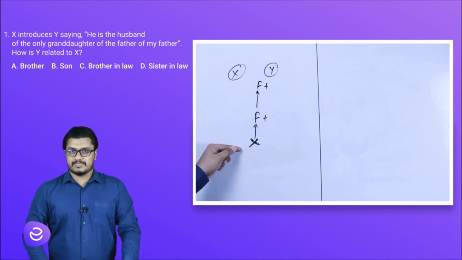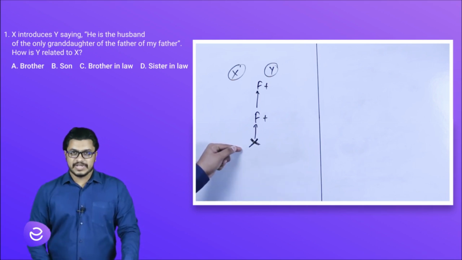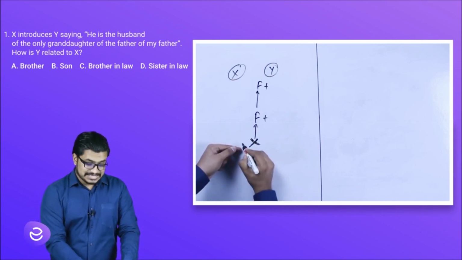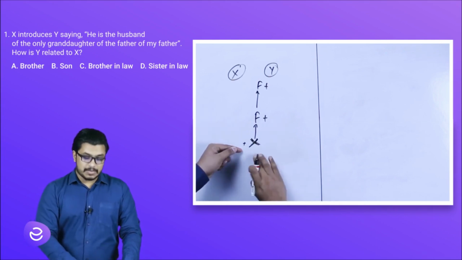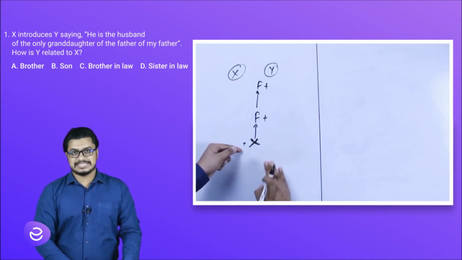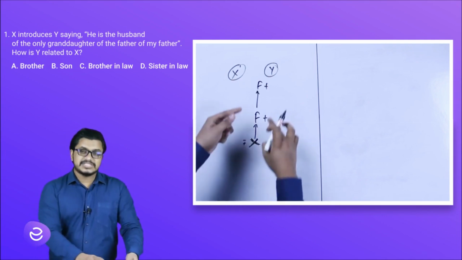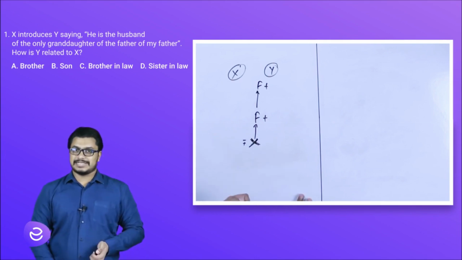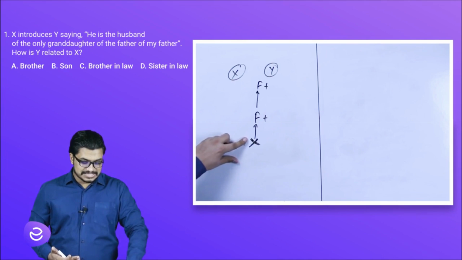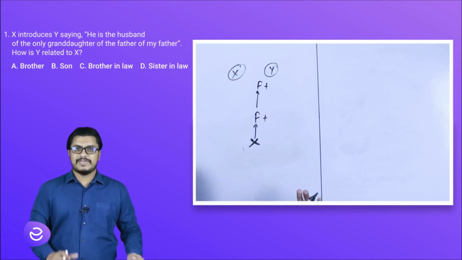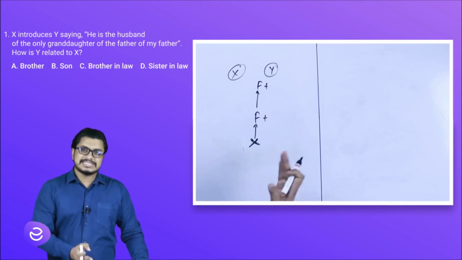Now here arises the problem. We don't know the gender of x. If x is a male, granddaughter means someone else, that means x's sister. If we assume that x is a female, the only granddaughter means it is x itself. So right now we don't know if x is a male or a female, so we have to assume either gender.